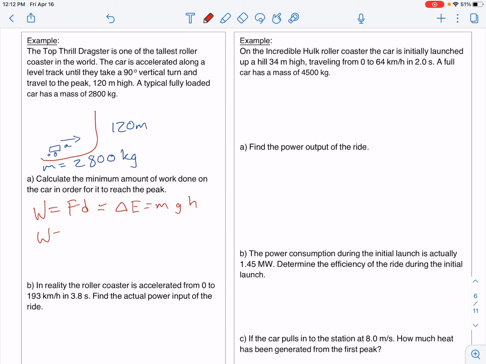So in this case, work is going to be the mass, 2,800, times gravity, times our height. And so our theoretical work done is going to be about, let's say, 3.3 times 10 to the 6th power joules.